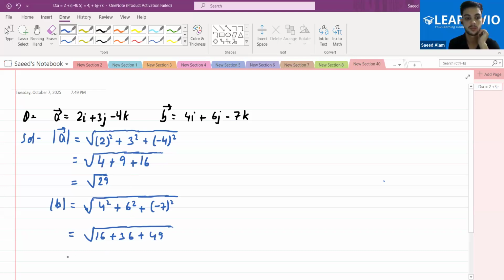Root 101. That is under root of 101. Is your answer correct? 70 and 9 plus 15, that will be 85. 85, yes, it will be 101. Okay, so this is how we find out the magnitude of A and B.